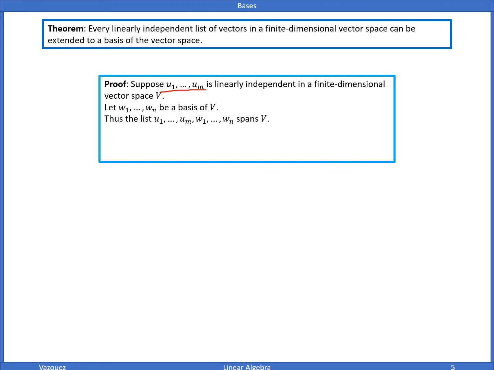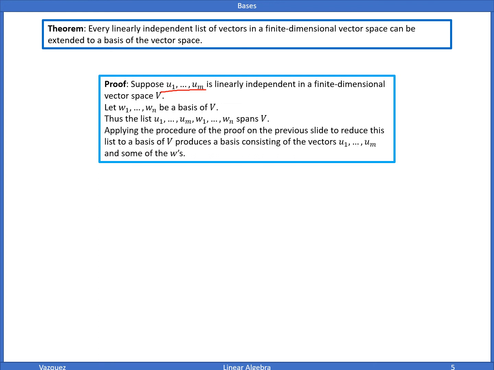Well, then the list u1 to um, and then also w1 to wn, spans V. Right, because w1 to wn already was a basis of V, so it already spanned V. So we're just adding these vectors u1 to um to the list. And certainly it spans V.